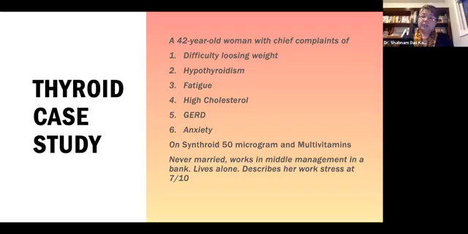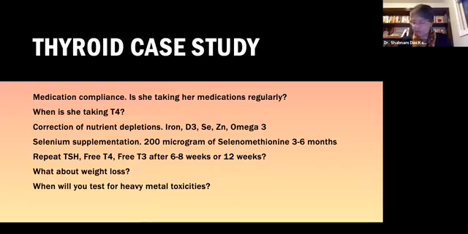GERD, again, it is possible that she was eating more carbohydrates than she could tolerate. You remember her triglycerides were high and she has difficulty losing weight. So number one is, what would you do? Would you increase her 50 microgram of T4 right away? Or would you rather correct her nutrient depletions, check all the other things, and then look at increasing her thyroid medication?